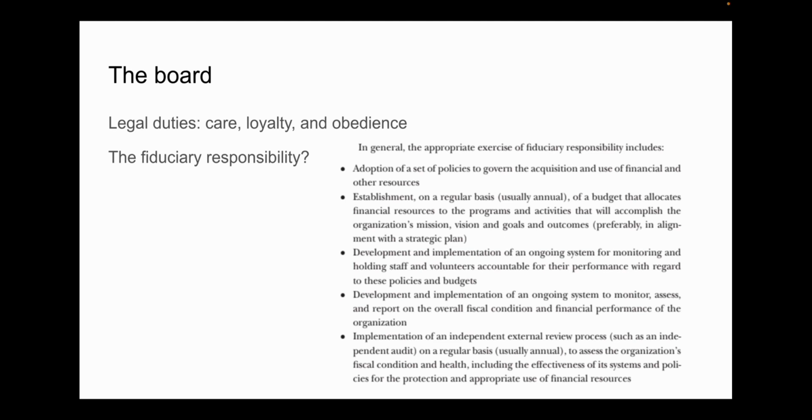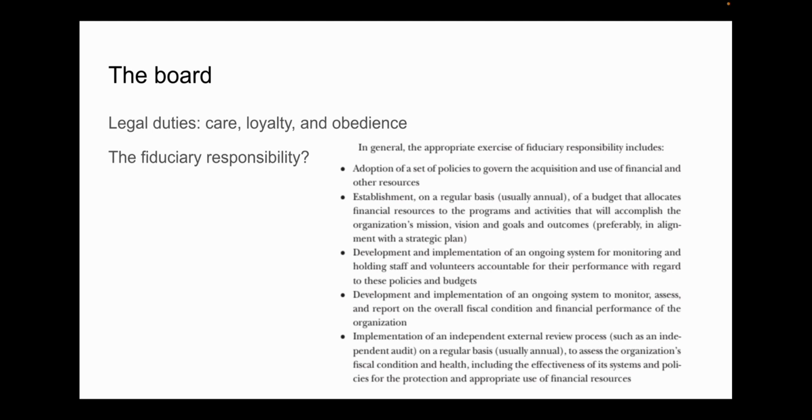And finally, implementation of an independent external review process, such as an independent audit on a regular basis, usually annual, to assess the organization's fiscal condition and health, including the effectiveness of its systems and policies for the protection and the appropriate use of financial resources. So these are all related to the fiduciary responsibilities.